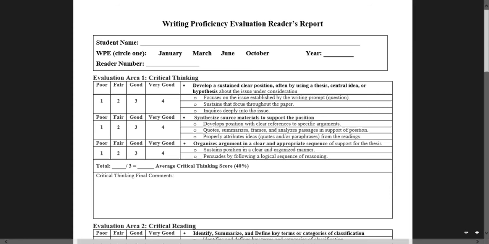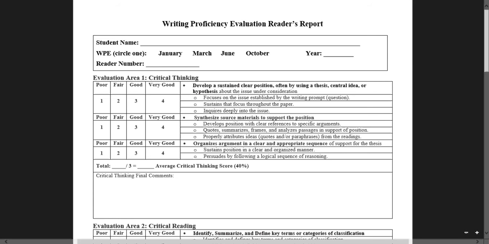Remember, I've told you that I want a quote in each body paragraph at least, to show that you're really using those sources. And are you attributing those ideas? Remember the page number, telling us what author is writing it.